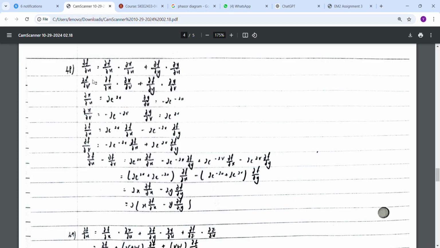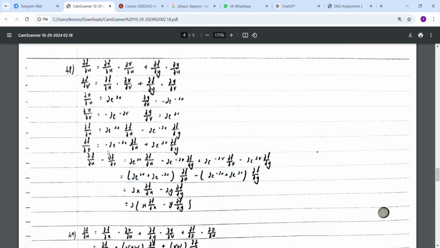For ∂f/∂v, it will equal ∂f/∂x multiplied with ∂x/∂v plus ∂f/∂y multiplied with ∂y/∂v. We can also find the derivatives required by the question first and then insert them back into the formula, to get the final formula for ∂f/∂v.